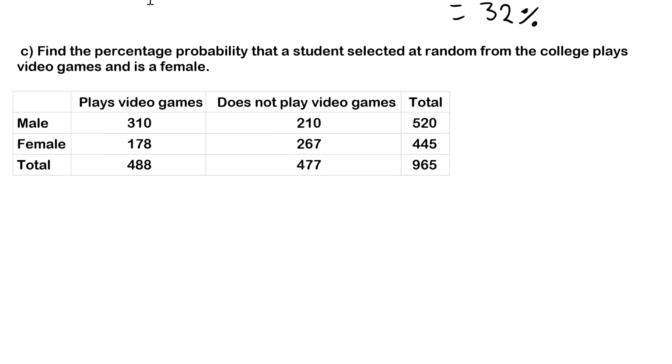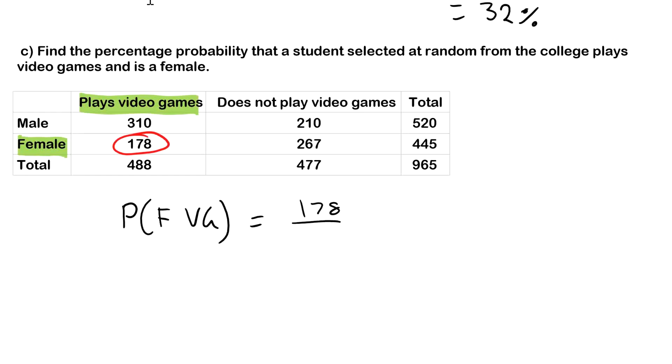C, find the probability that a student selected at random from the college plays video games and is a female. Again, we highlight the row and the column we're dealing with, so plays video games and is female. I'm going to circle our number, and then we go from there. So the probability that is female that plays video games is 178 over 965.